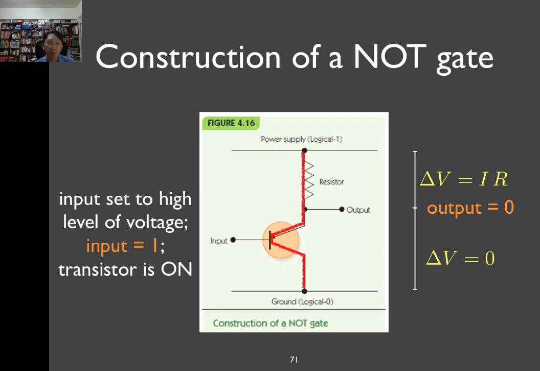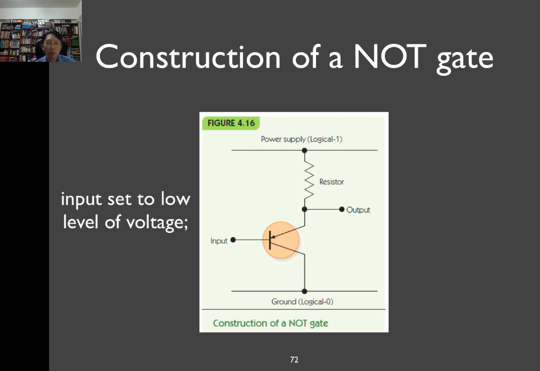output. This is a NOT gate behavior。但是我们只显示了其中一半的这种状况，我们来看另外一种状况。Input set to low level of voltage.